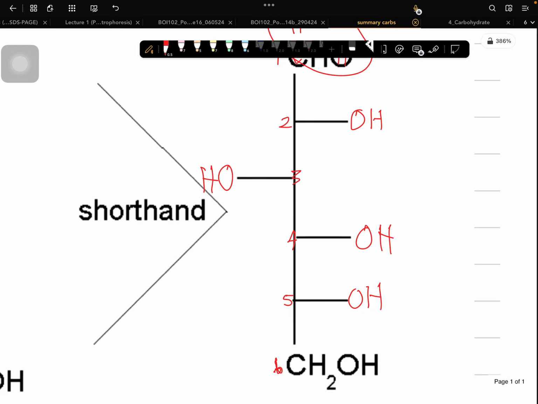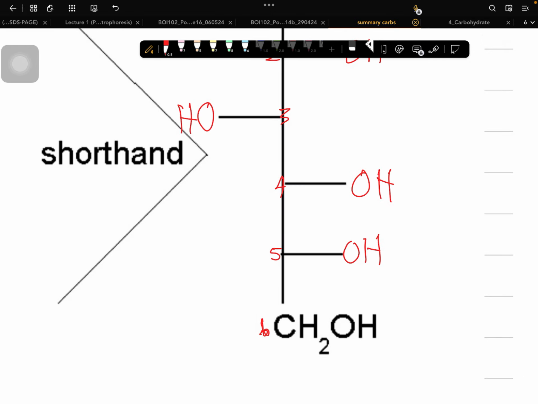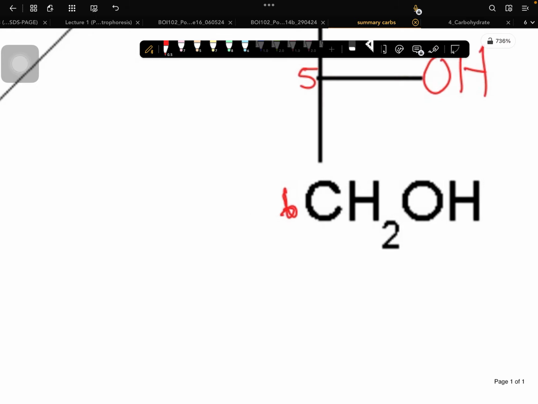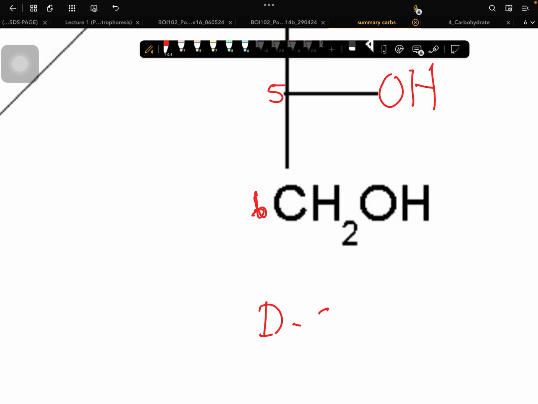We determine whether it is D glucose or L glucose by referring to the position of the hydroxyl group OH, the substituent. If the OH locates at the second last carbon, this OH is located on the right side, so it is a D isomer of glucose.